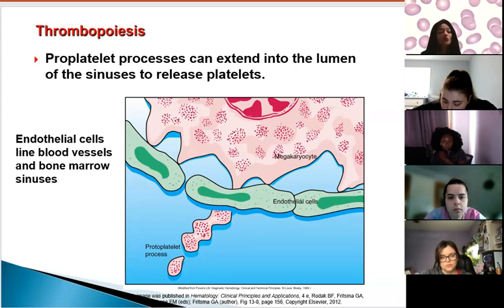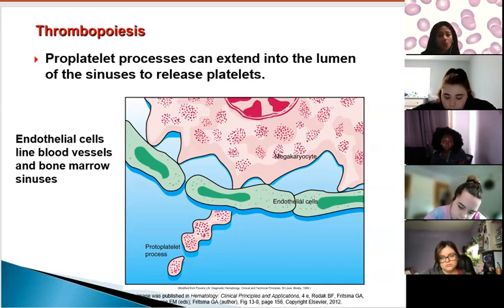So here it is. The process of thrombopoiesis is caused by the breakdown of proplatelets. These proplatelets are actually the mature megakaryocyte membrane pseudopodial projections. These are the proplatelets, okay?